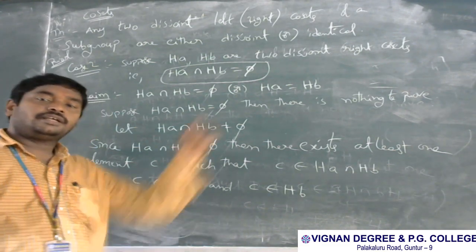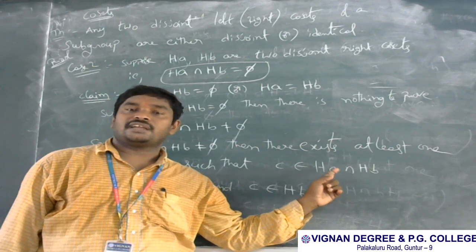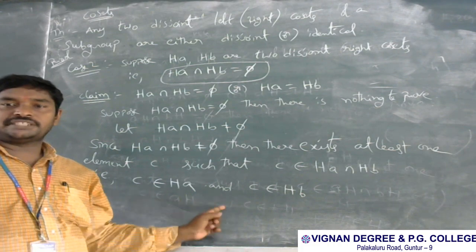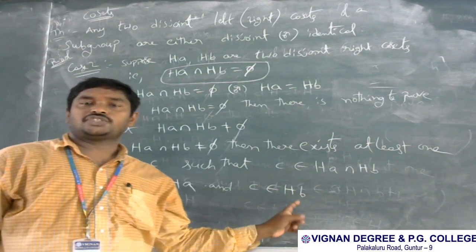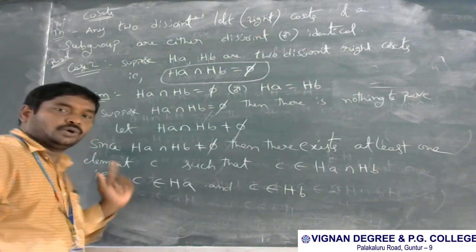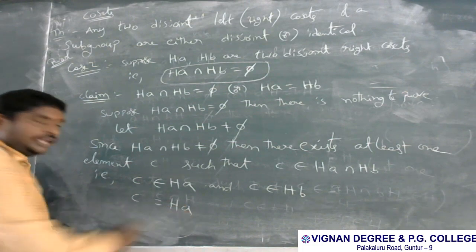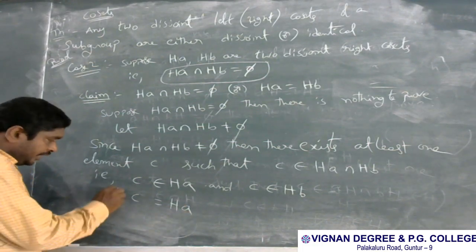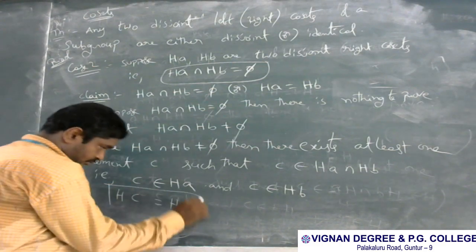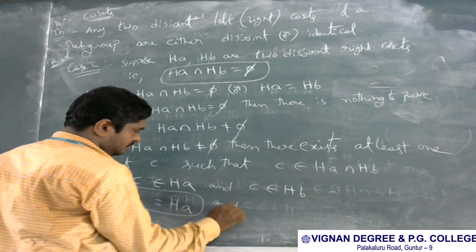Because intersection represents and. So c belongs to Ha and c belongs to Hb. If I remove belongs to, then we can write c is equal to ha. If you have any doubt, you can write simply Hc is equal to Ha. Any doubt? Next, and.